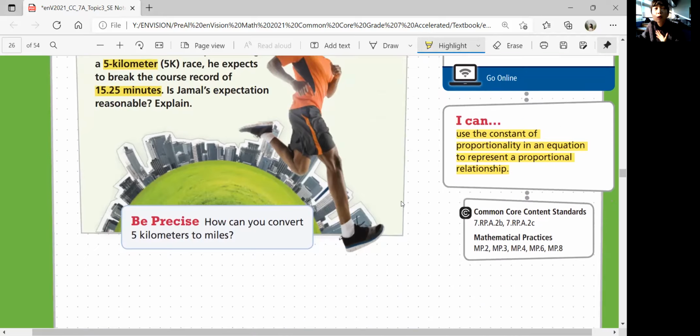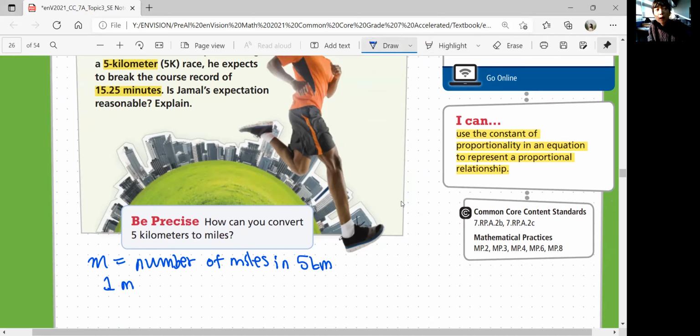So in order to convert 5 kilometers to miles, you need to know the conversion rate. If we let m be the number of miles in 5 kilometers, we can use the conversion rate: 1 mile is equivalent to 1.6 kilometers.